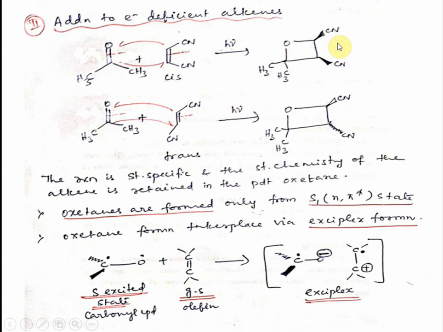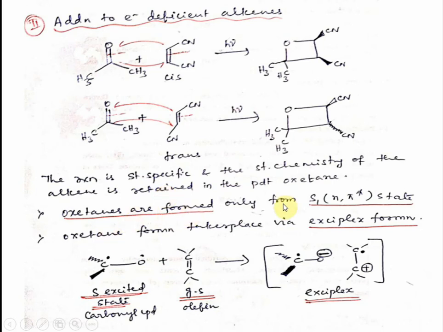Here the cyanide groups are cis with each other. Here we can see the two cyanide groups are trans to each other. This indicates that the stereochemistry is retained in the product also. The reaction is stereospecific, and the stereochemistry of the alkene is retained in the product oxetane.